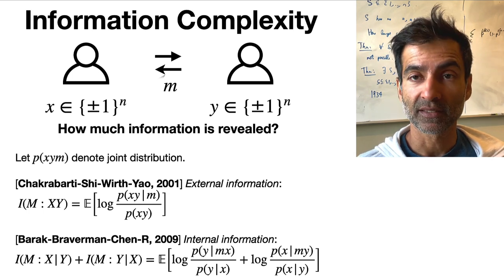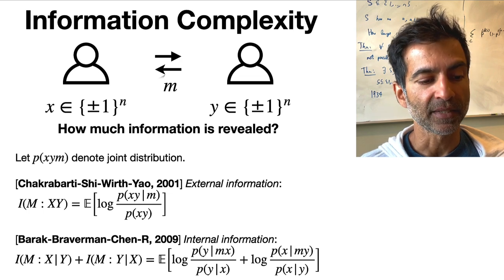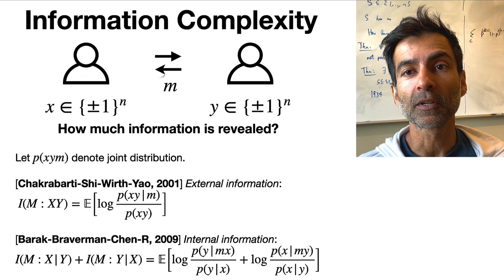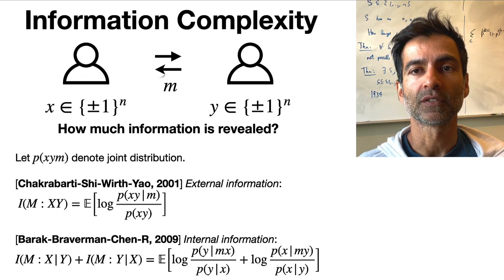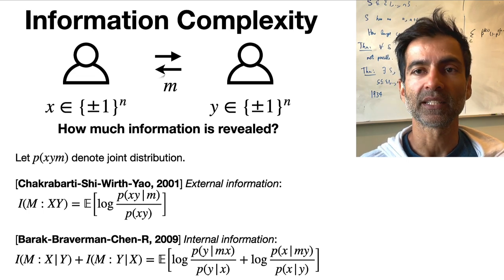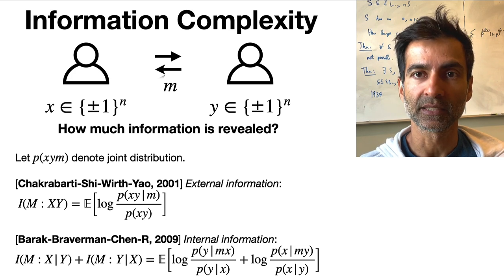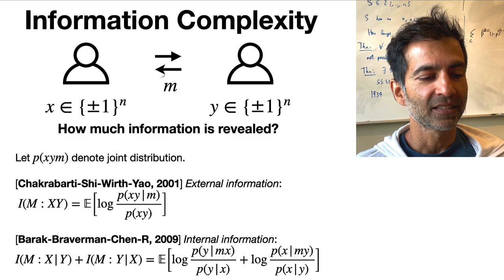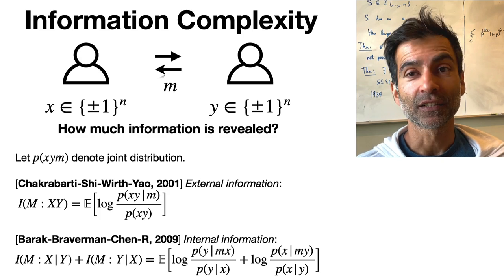And if you work out what this quantity means, it measures the expected log, the sum of the log ratios of two quantities, each of which corresponds to the amount of information learned by one of the parties. Now, these definitions have a long history.